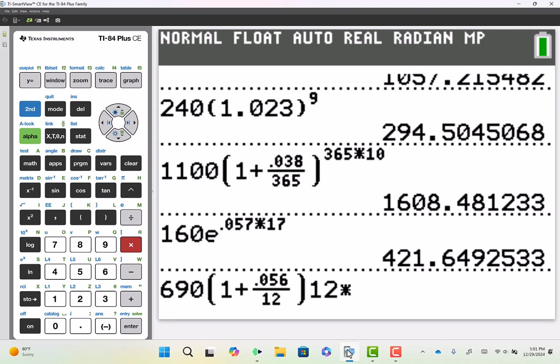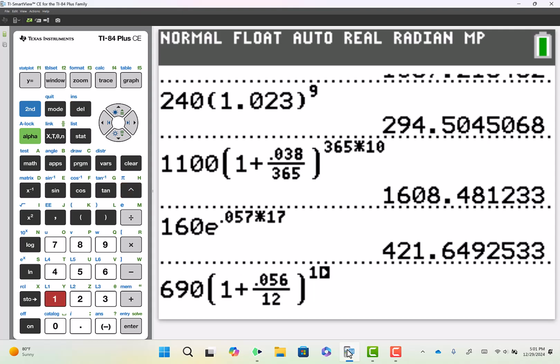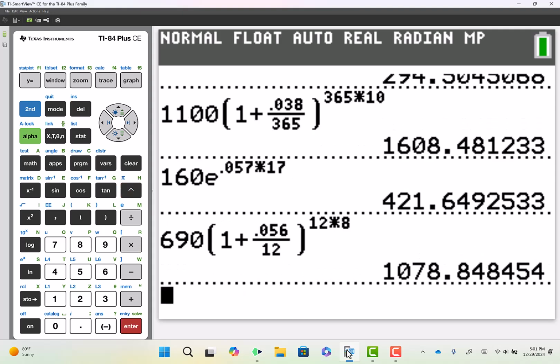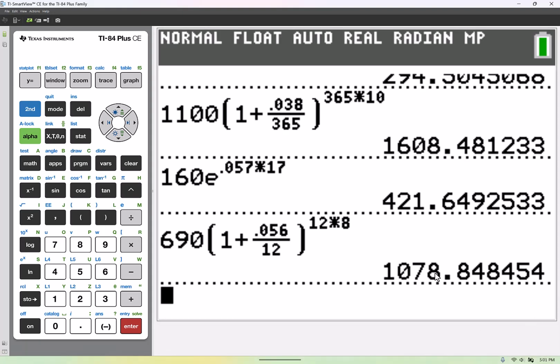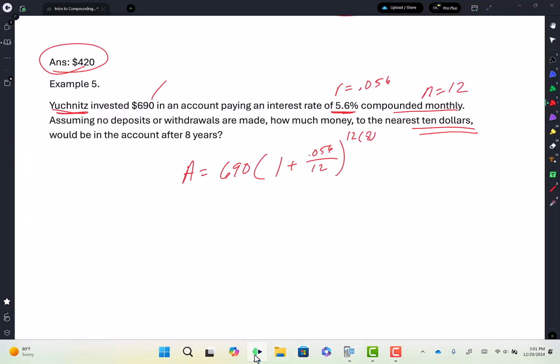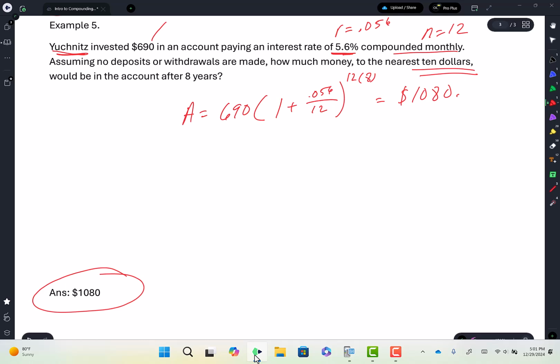And notice I didn't put it as an exponential. 12 times 8. There we go. 1,078, but they wanted us to round it to the nearest $10, so 1,080. All right, let's see if we got it right. Yep, we did.